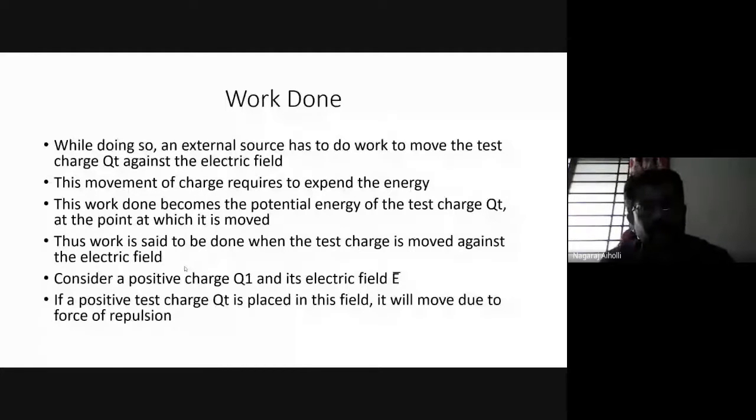If I apply a force on the ball, it will move to a certain height. Depending on how much force I am applying, it will move to that much height. That is, height is proportional to the force that I am applying. Both are directly proportional to each other.